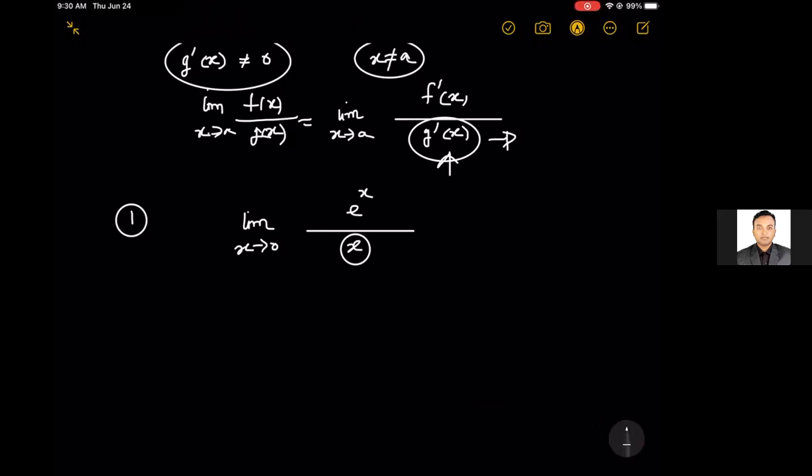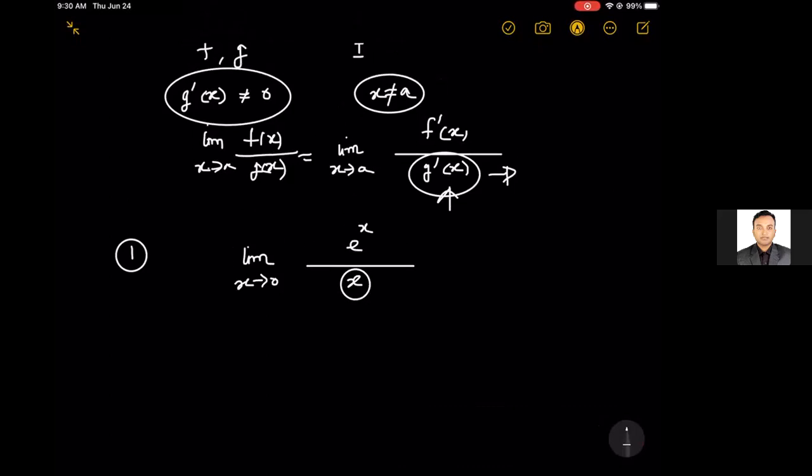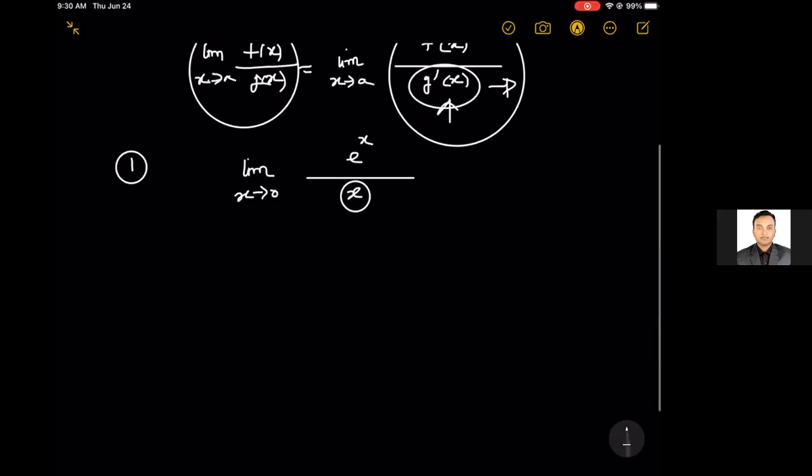So what I can do is use the L'Hopital rule to avoid this situation. What the L'Hopital rule is saying here is that the quotient of these two functions is equal to the quotient of the derivatives of those two functions. So that means I can use the L'Hopital rule and write it this way.